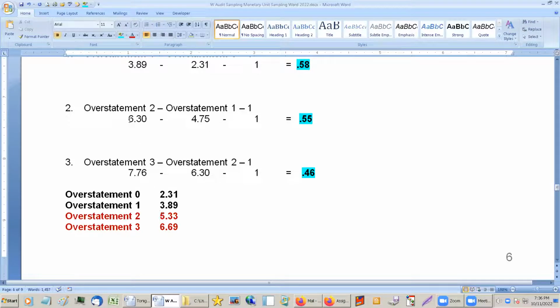Okay, overstatement 2 is 5.33 minus 3.89 minus 1, 0.44. 44, okay.